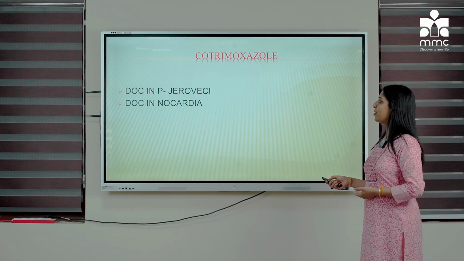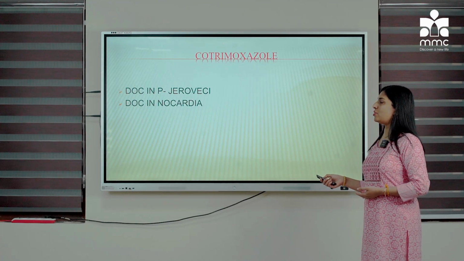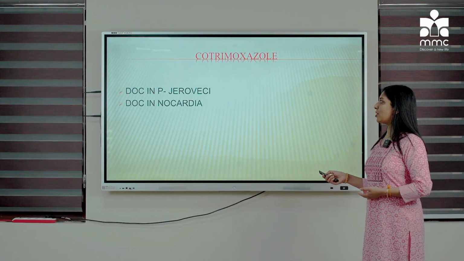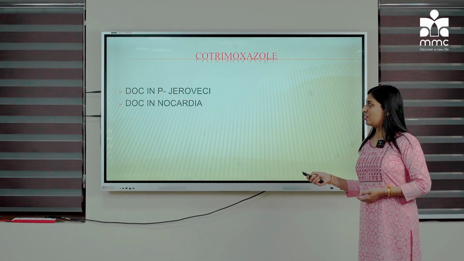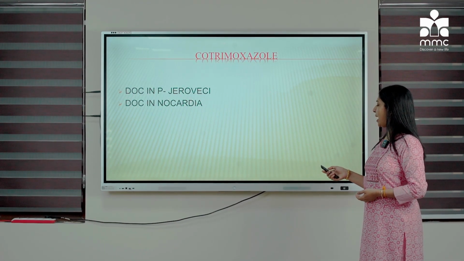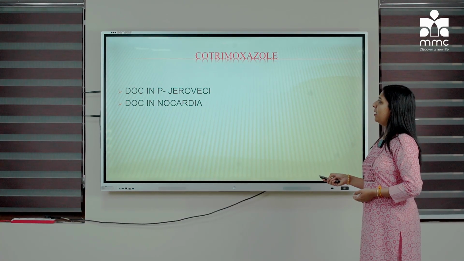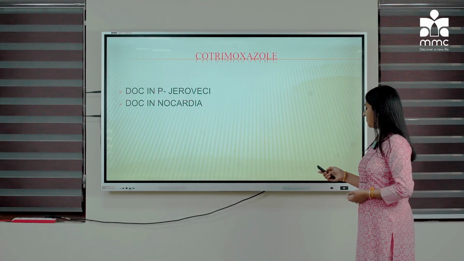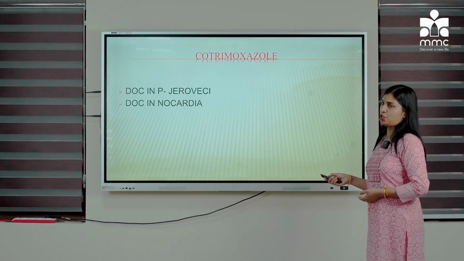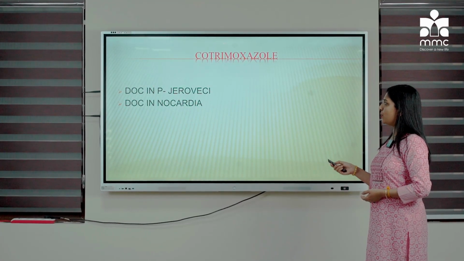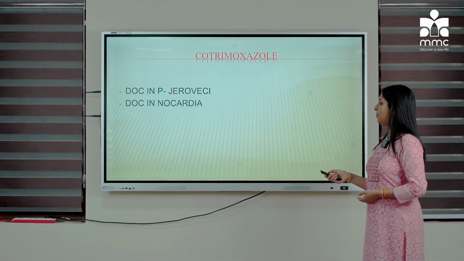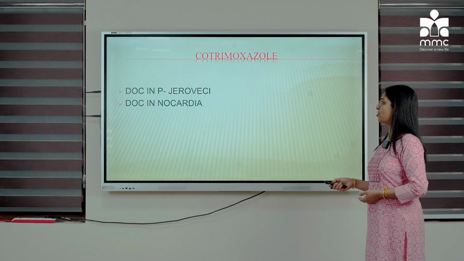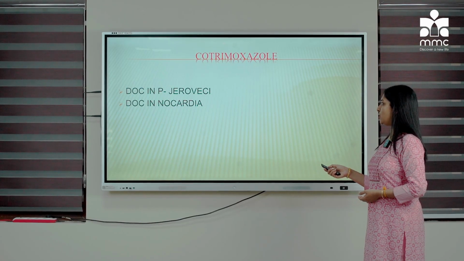It is the drug of choice in Pneumocystis jirovecii and Nocardia. These organisms cause pneumonia, usually in immunocompromised patients and not in healthy individuals. So cotrimoxazole is given usually in Pneumocystis jirovecii and Nocardia.